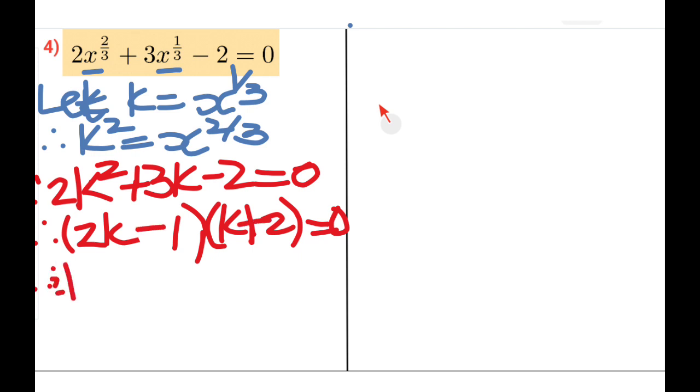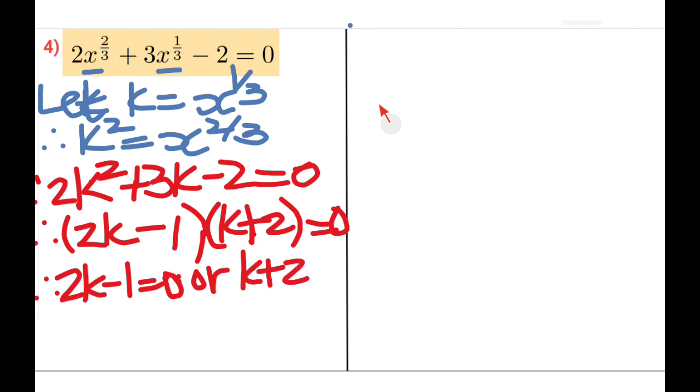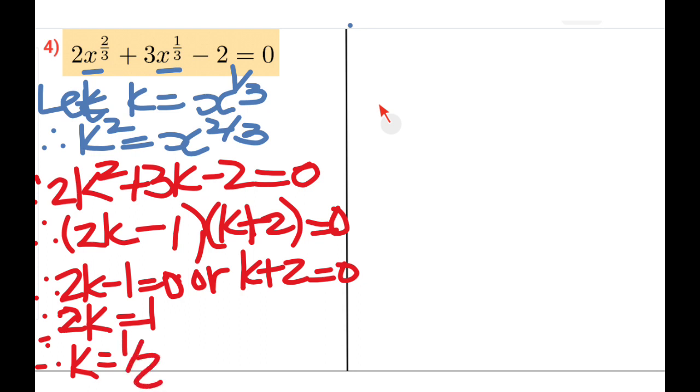Therefore 2k minus 1 equals 0, or k plus 2 equals 0. This is where a lot of silly mistakes are made, so I don't skip the steps here. I'm very thorough here. Therefore, k equals a half, or k equals negative 2.